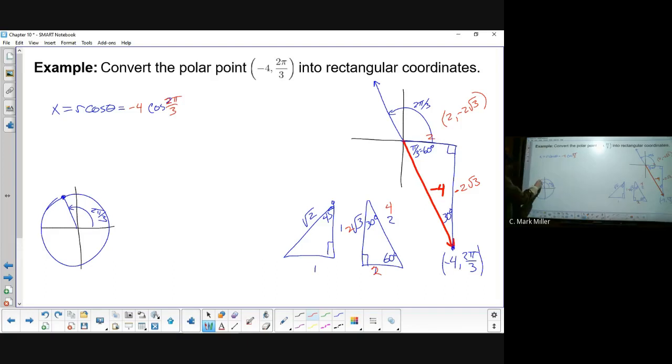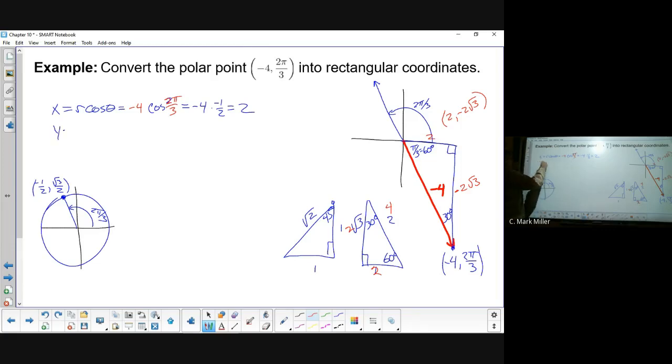That point is going to be minus 1/2, square root of 3 over 2. So the cosine is minus 1/2. And so that's going to be minus 4 times minus 1/2, which is 2. That's our x. That's what we got the other way.